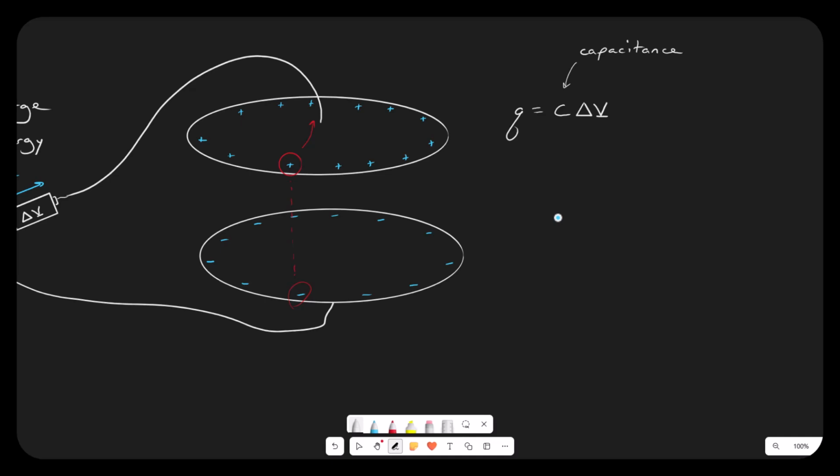And then we had the resistance, and that was the property. With a capacitor, our capacitor is the thing, and our capacitance is how good this is at being a capacitor. So a higher capacitance is able to store more charge.